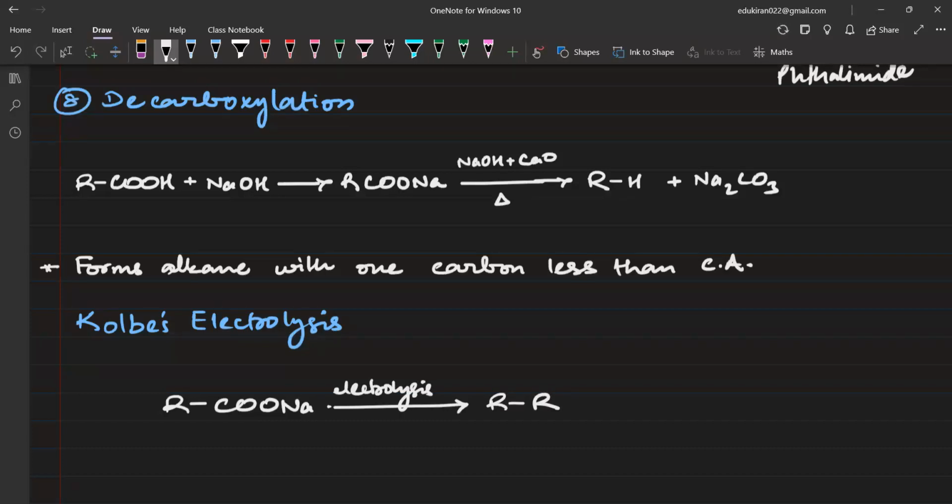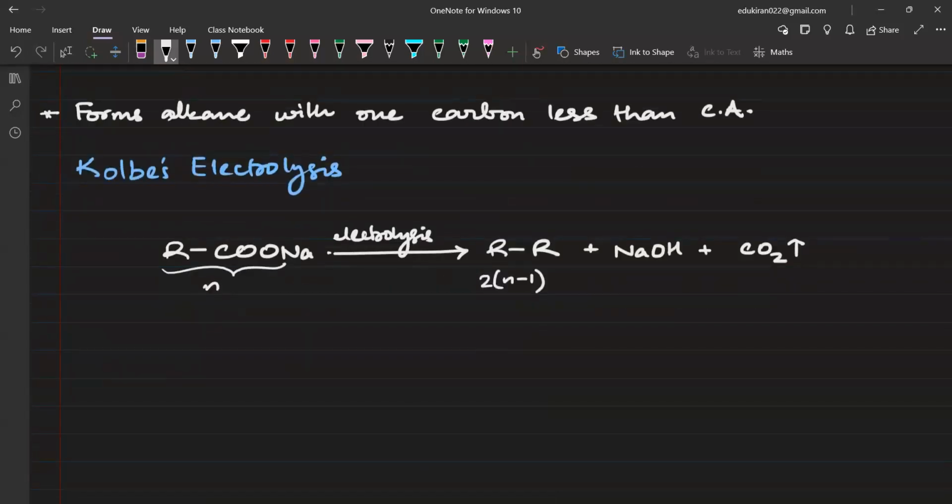This alkane has double the number of carbons, but you have to remove 1 from here, है ना? तो पहले 1 कार्बन निकलेगा, उसके बाद उसको डबल कर दीजिएगा. So if you have n carbon atoms here, then it will have 2 into n minus 1. Plus you will have NaOH and carbon dioxide which will be gone.